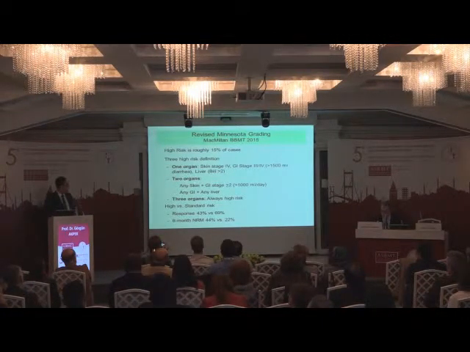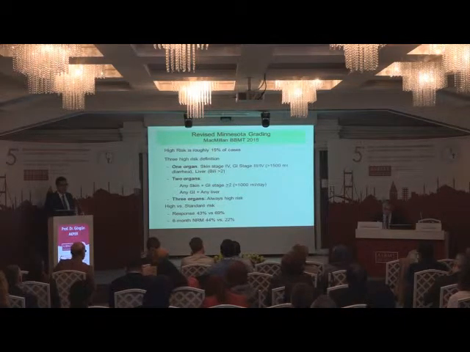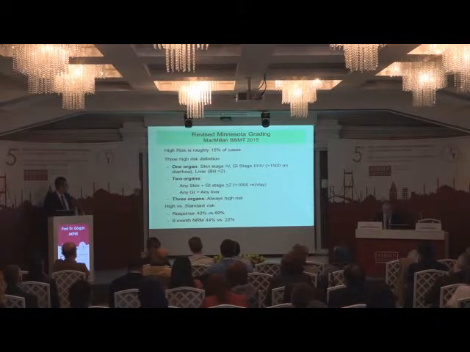If you have two organs, like any skin GVHD grade 1 plus grade 2, stage 2 GI, more than a liter of diarrhea, they put the patient into the two-organ group, and that's high risk as well. Any GI or any liver GVHD makes the patient high risk. If all three organs are involved, they're always high risk.